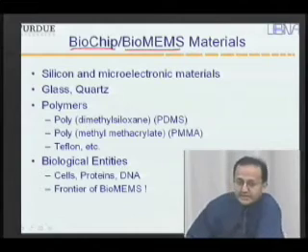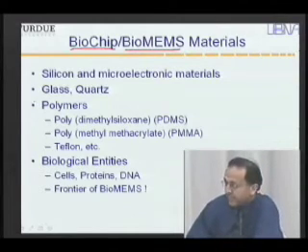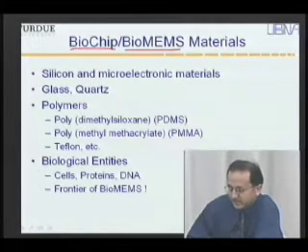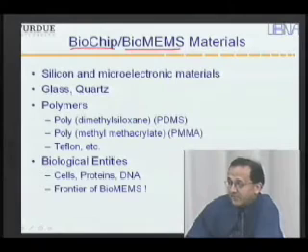Various types of polymers are also being used to fabricate biochips and BioMEMS devices. Things like PDMS, polydimethylsiloxane, is probably one of the most commonly used polymers to make microfluidic devices. PMMA is another polymer that's been used, and materials like Teflon.